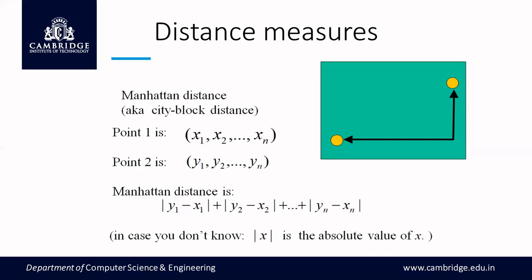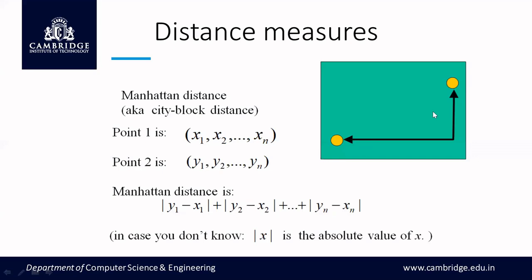You're not considering the signs of the coordinates. If this point is, say, 3, 2 and this point is, say, 4, 5, you only take the value of the coordinates without considering the sign and subtract the values.